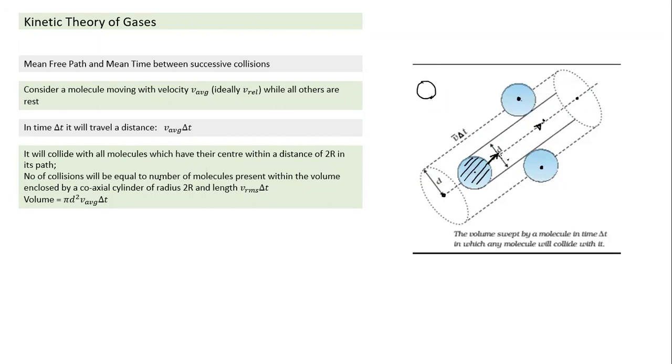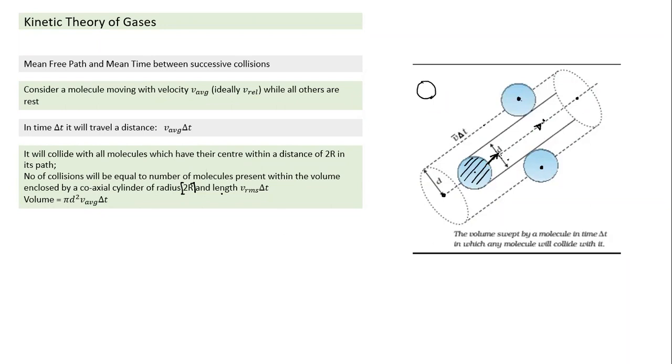So the number of collisions will be equal to the number of molecules present within the volume enclosed by a coaxial cylinder of radius 2r. You understand why we have taken the radius 2r? Because only those molecules within a perpendicular distance of 2r will collide. And the length of the cylinder is the distance moved. So all molecules present within the volume of this cylinder will undergo collision.